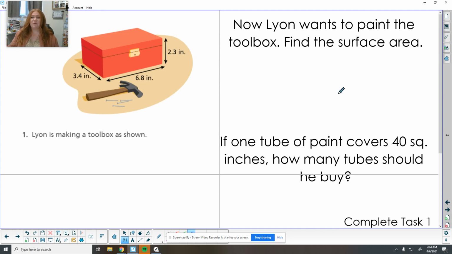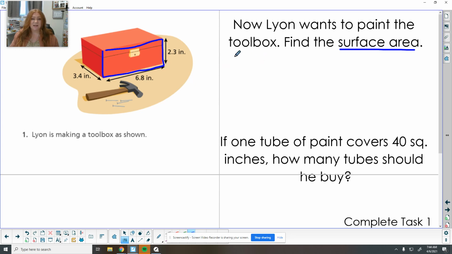Now he wants to paint his toolbox. He knows how much he can fit inside, so now he wants to paint the outside of the toolbox. That means we need to find the surface area. We're going to find the front dimensions.